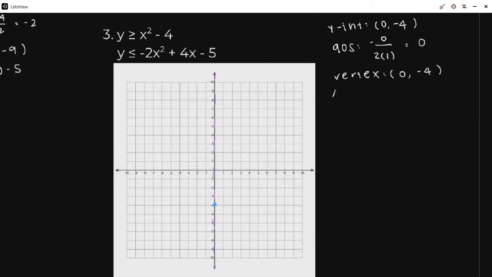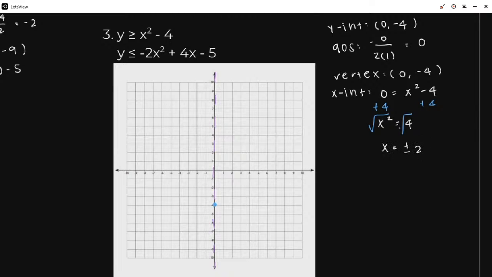So to find the x-intercepts, we're going to plug in 0 for y. So that'll be 0 equals x squared minus 4. And we can add 4 to both sides. So we get x squared equals 4, and square root both sides. So we get x equals plus or minus 2.